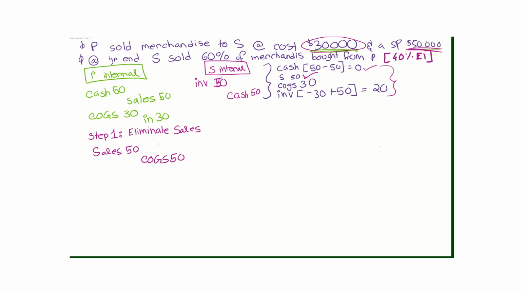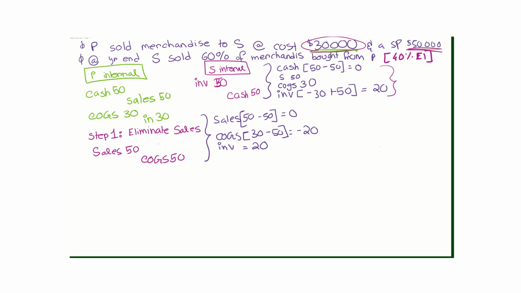Well, right here, our running total now is cash of 0, sales of 50 minus 50, which is now 0. Our cost of goods sold was 30 minus 50. Now our cost of goods sold is minus 20, and our inventory is 20.